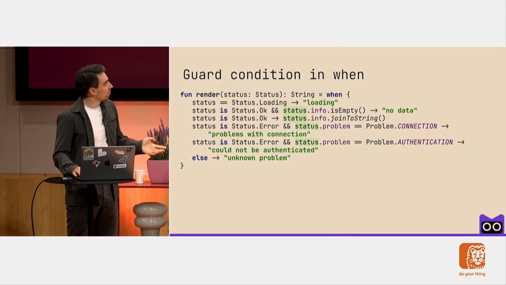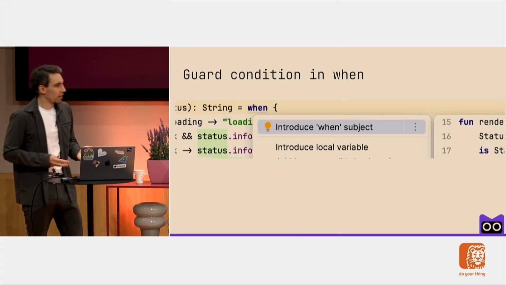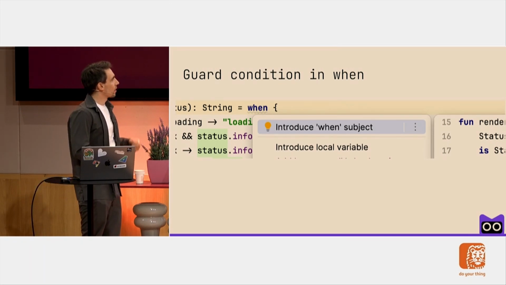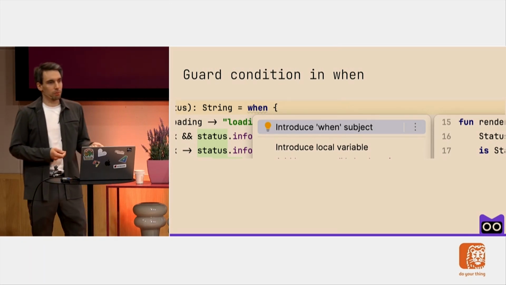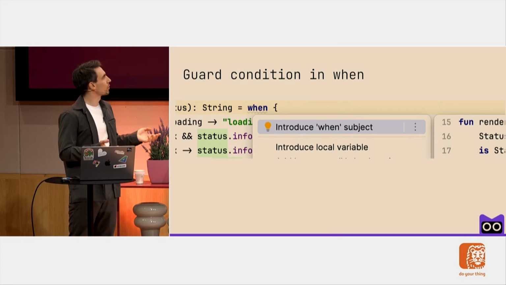So guards introduce a very small addition to the language. And today, with the latest IntelliJ IDEA and Kotlin 2.2, there will be a new action from IntelliJ IDEA if you type Alt Enter.